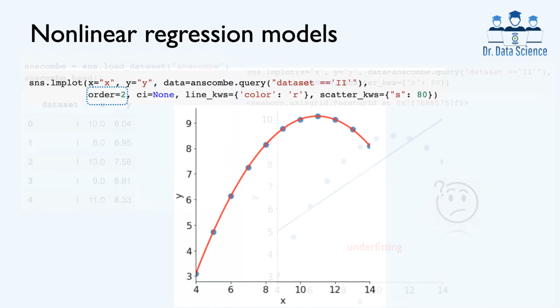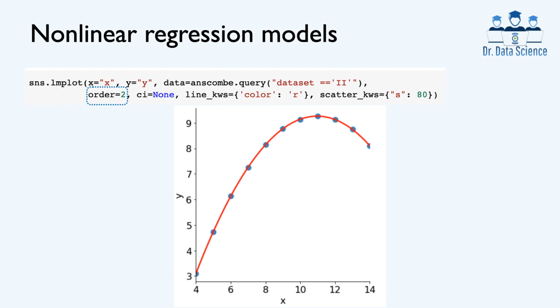So one idea is to use sns.lmplot, but we can specify the order parameter here, which you can think of as the order of the polynomial model that we are fitting to this data set. So here order equals 2 means that we are going to use a degree 2 polynomial.